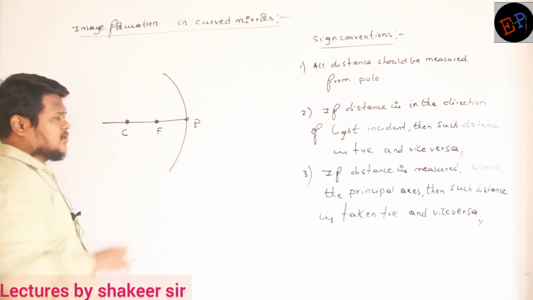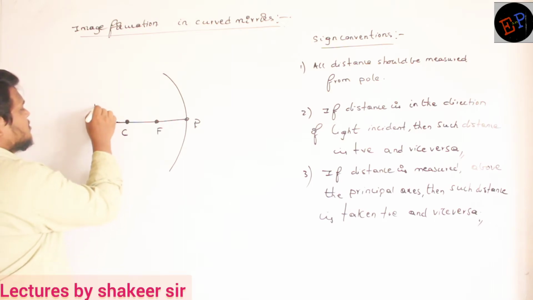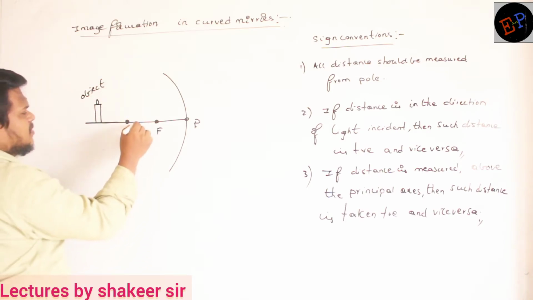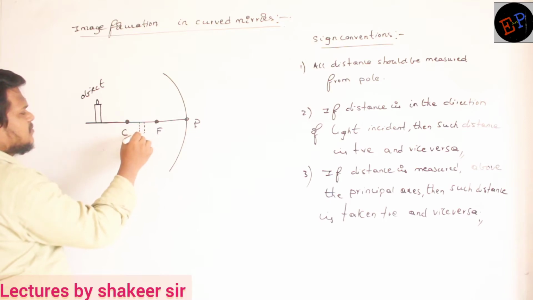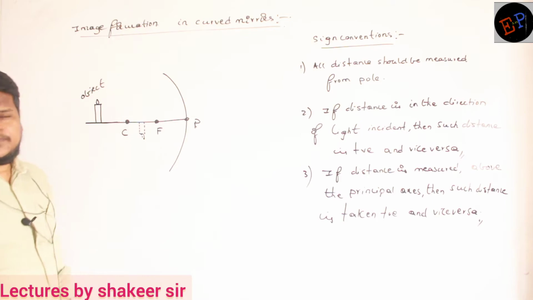Now let us consider the object is somewhere here. Then I observe that the image will be formed somewhere here. So this will be the size and shape of the image.